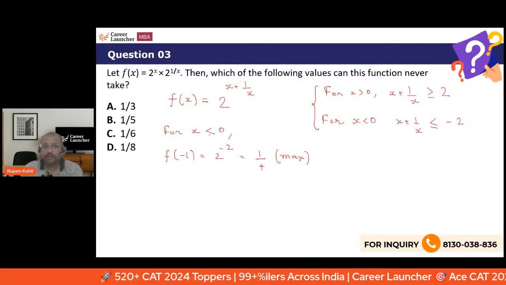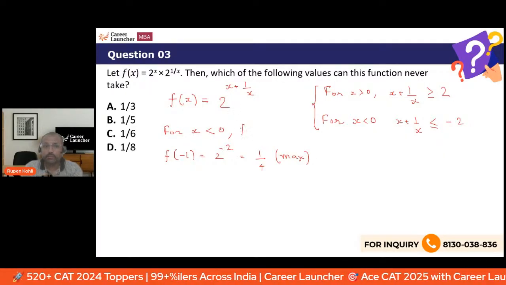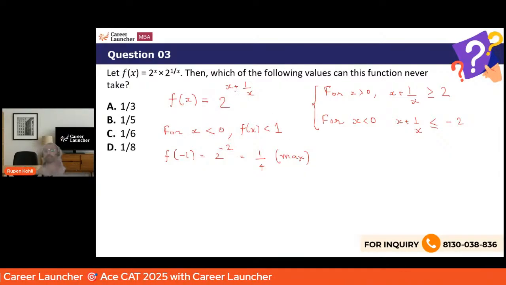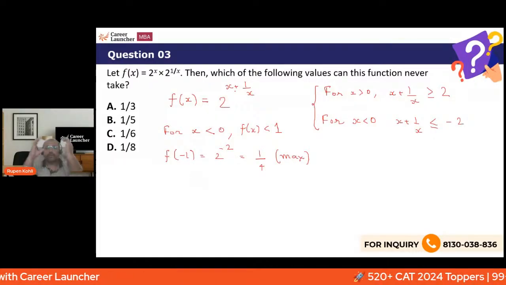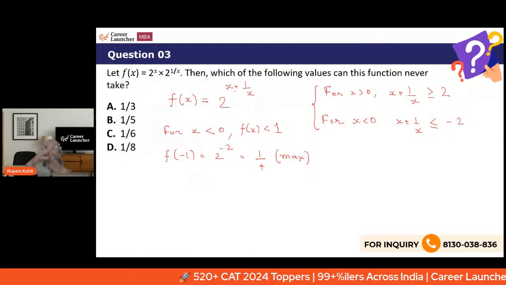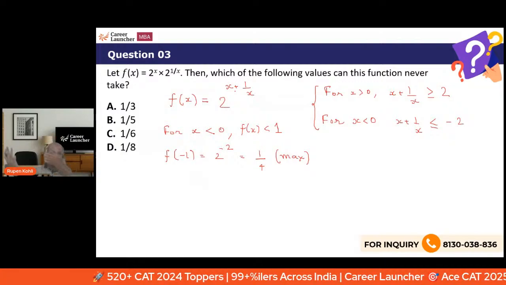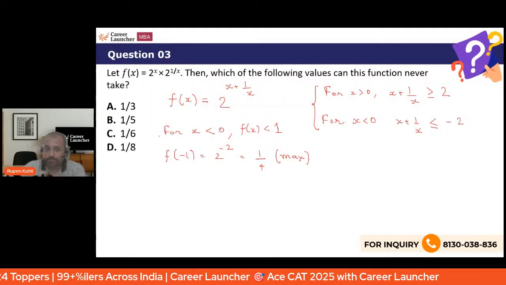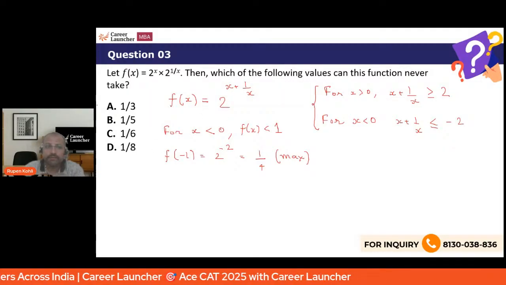For x negative, can I say f(x) is always going to be less than 1? Because 2 raised to power 0 is 1, but x plus 1 by x is never equal to 0. It can never be -1 or -1.99. It can be at the most -2. So eventually my f(x) can be at the most 1 by 4. So it cannot be 1 by 3. And that is the answer, right?